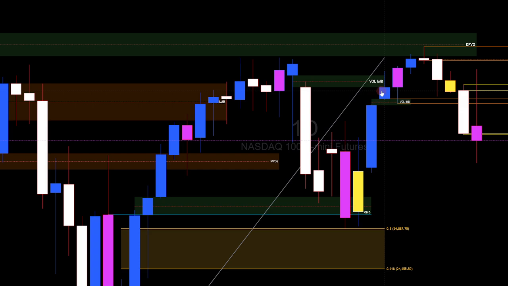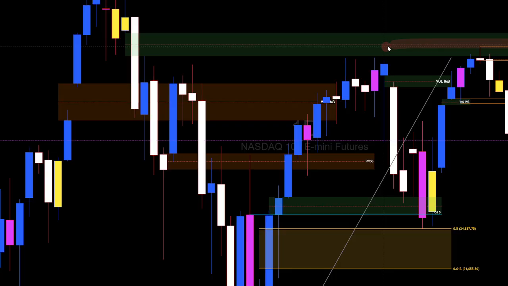So it gaps up and then runs to this imbalance, but the price got rejected over here, and then the price next day goes to the other imbalance that it created the day before, and then price expands towards this daily fair value gap.